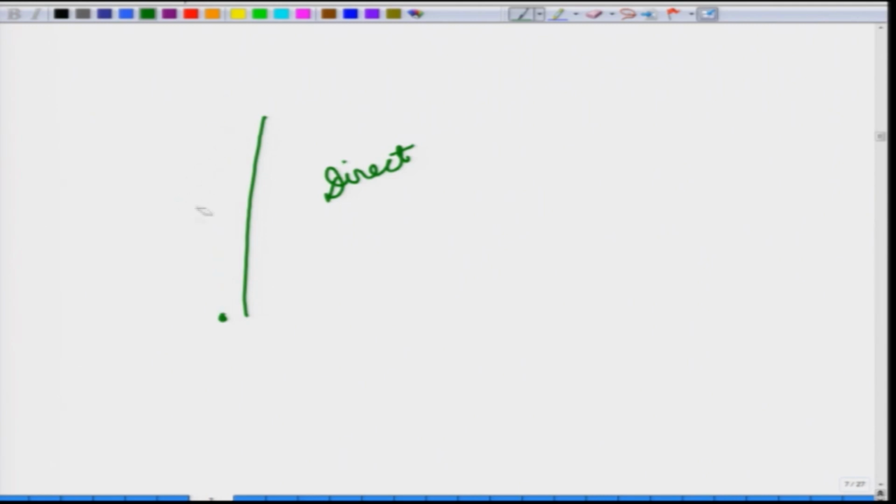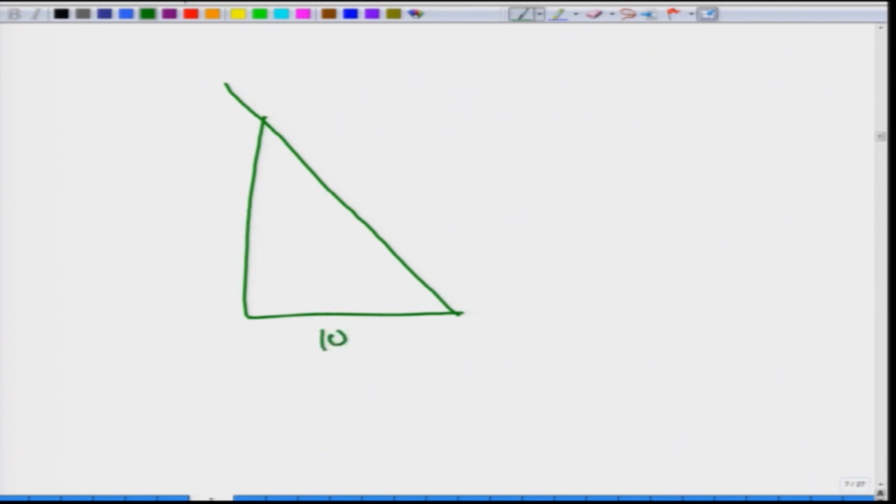On the other hand, you can also make use of an indirect measurement, in which case suppose this wall is making a shadow that is, say, 10 meters. At the same time, you put a stick on the ground and suppose the height of this stick is 1 meter, and it is subtending a shadow which is, say, 2 meters.